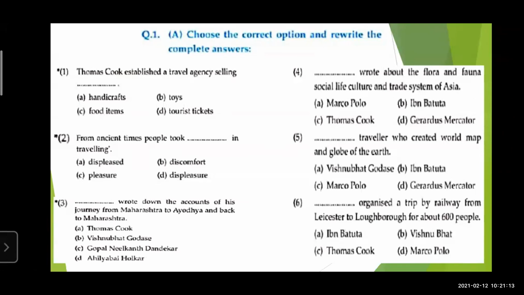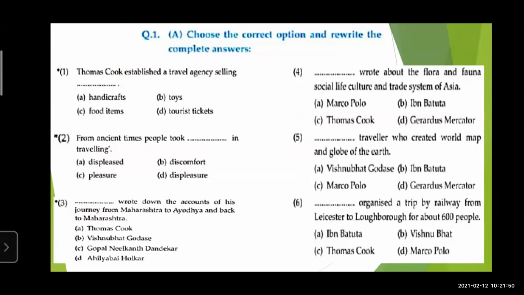Dash wrote about the flora and fauna, social life, culture, and the trade system of Asia. The options given are Marco Polo, Ibn Battuta, Thomas Cook, Gerardus Mercator. The correct answer is Marco Polo. Then we have: dash, the traveler who created the world map and globe of the earth.